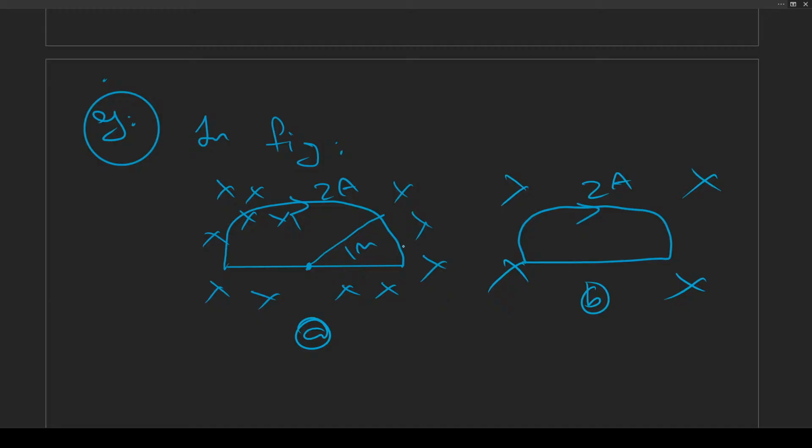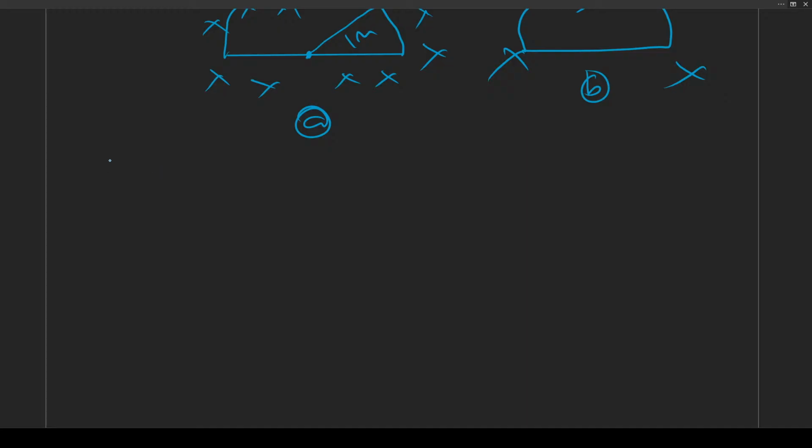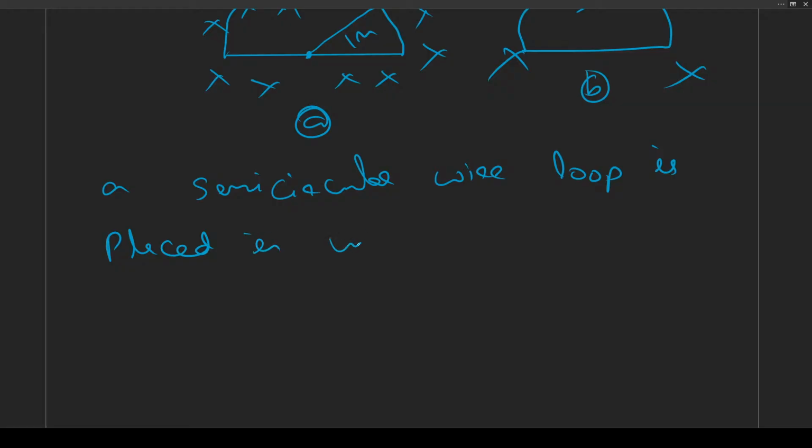In this figure, a semicircular wire loop is placed in uniform magnetic field, which is equals to 1 Tesla.